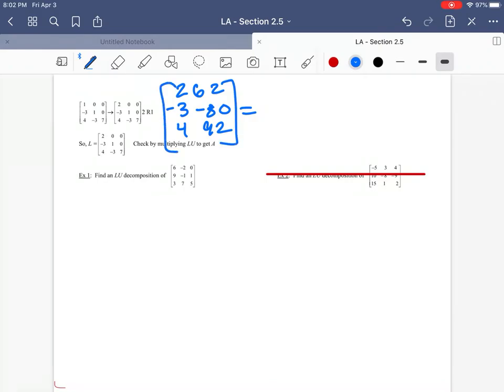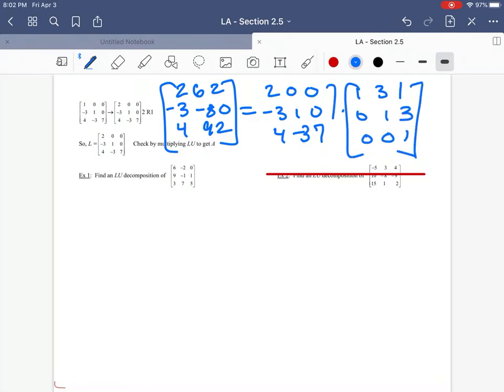It is L times U. So our lower matrix is 2, 0, 0, -3, 1, 0, 4, -3, 7, times our upper matrix that we had earlier, which was 1, 3, 1, 0, 1, 3, 0, 0, 1. If you multiply those back together, you should get the original matrix. And this problem will be used later, so it's good to note that.